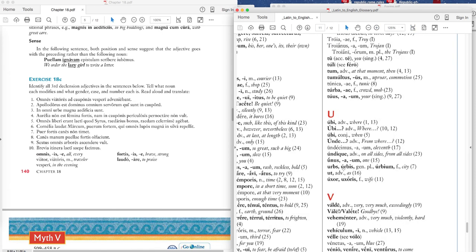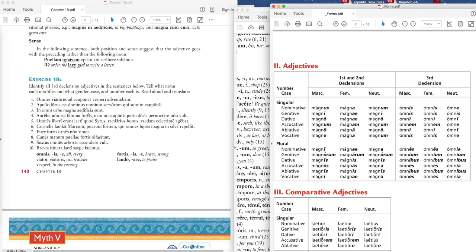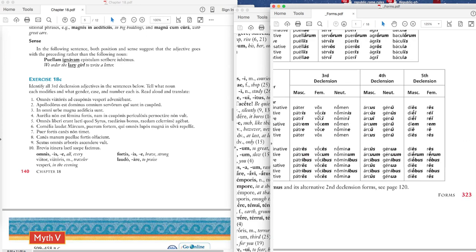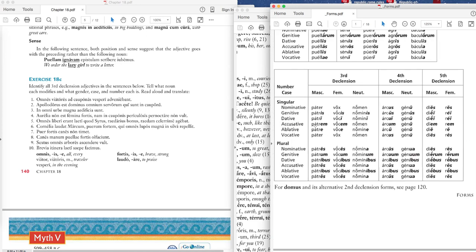Okay, so we see urbs, urbis. The genitive plural is urbium. It is a feminine word and it means city. Urbs, urbis is third declension. Since urbe is third declension, we look at the third declension chart and see that the ending e is only ablative singular for all three genders.